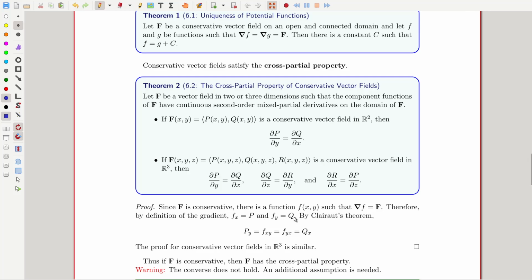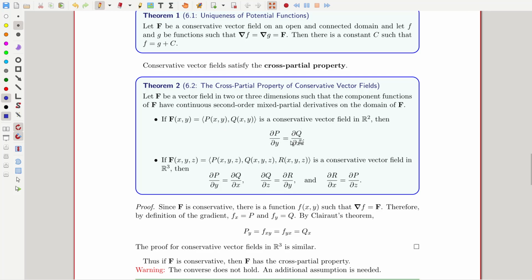And then the cross-partial property is saying that you basically mix the partial derivatives. So if this is the function in the x coordinate, that's the function in the y coordinate, then you use the other partial derivative. So you end up doing P sub y and Q sub x. Okay.